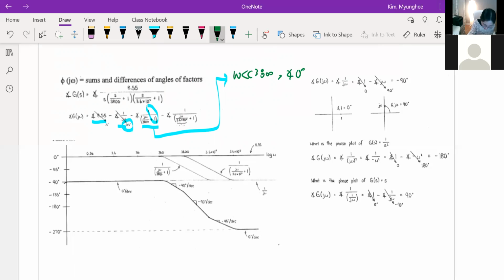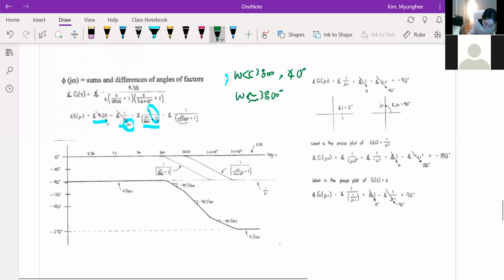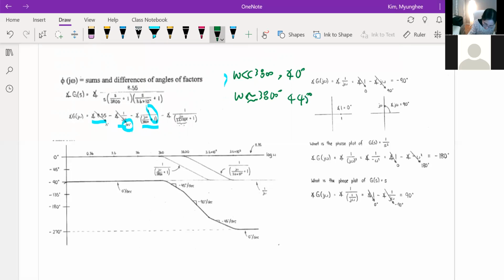And about the frequency between 10 times lower, which is 380, and 10 times higher than this frequency, the angle becomes, let's just say, if omega is about this value, the angle becomes 45 degrees, because it's arctangent of 1 over 1.